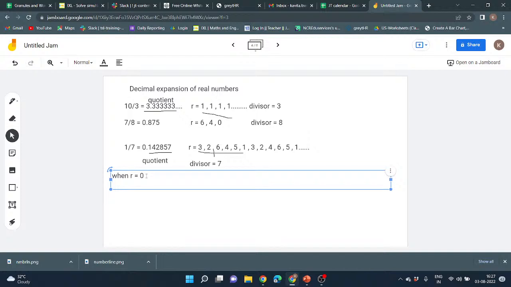So let's take the example of 7/8. What we found is that the remainder is becoming 0 after some step, and the decimal expansion of 7/8 is 0.875. Another example of this type is, let's say, half, where the remainder becomes 0 after a certain stage, which is 0.5.